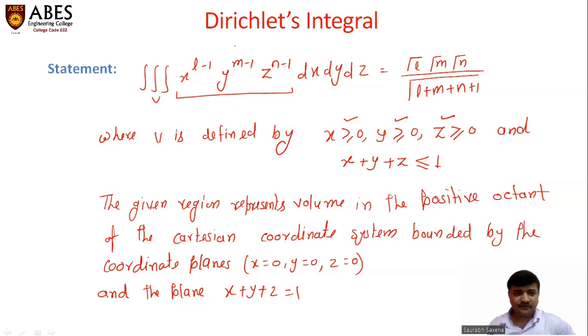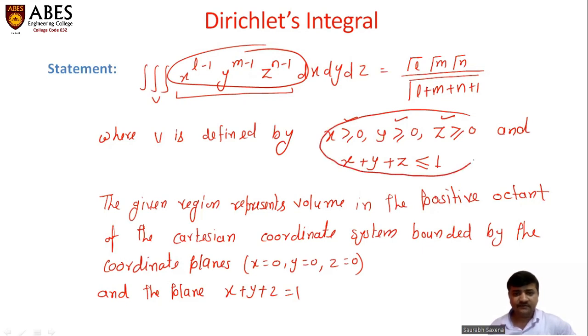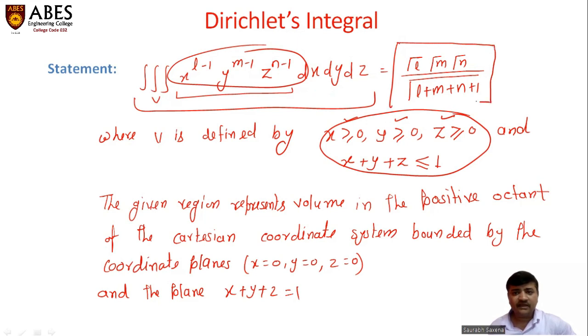So if such type of function is to be integrated over the region which is defined by these boundaries, then the value of such integral may be given as gamma L, gamma M, gamma N divided by gamma L plus M plus N plus 1, where L, M, N may be referred from the powers of the variables x, y, and z on the left hand side.